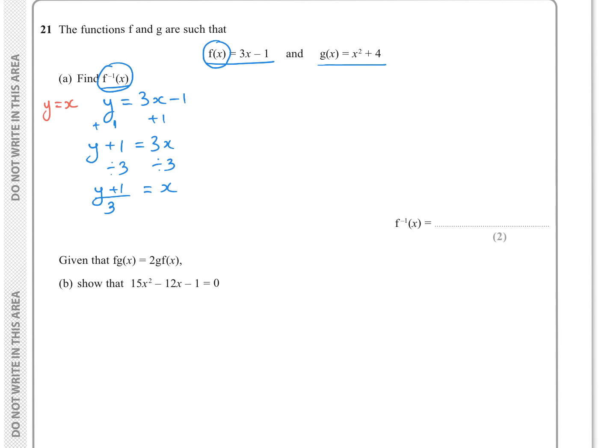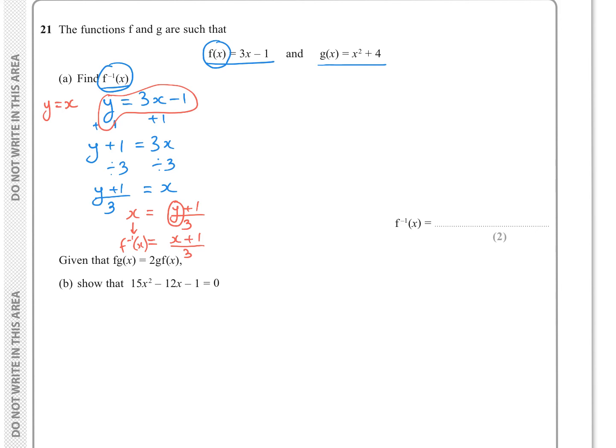So in this case, if I write this out again, all I have to do is interchange this y here for x, and by doing so, this becomes the inverse. So the inverse function f minus 1 of x is just x plus 1 over 3, which is really just rearranging this for x.